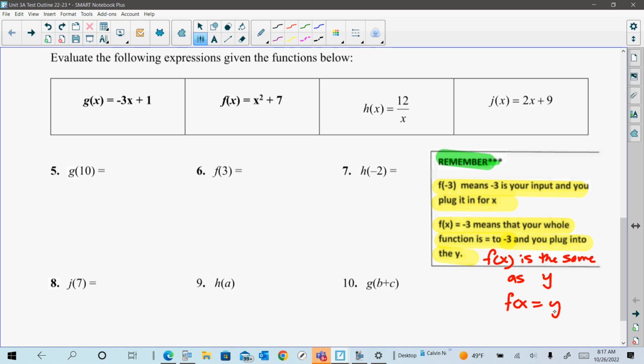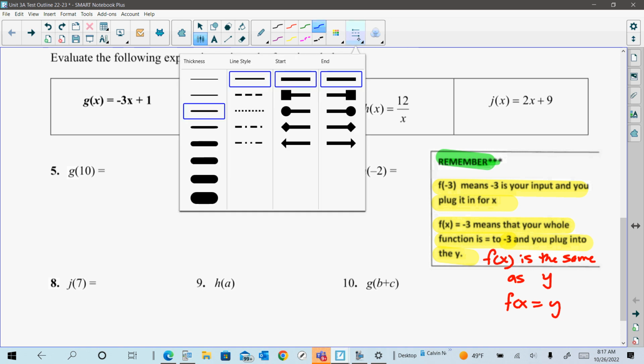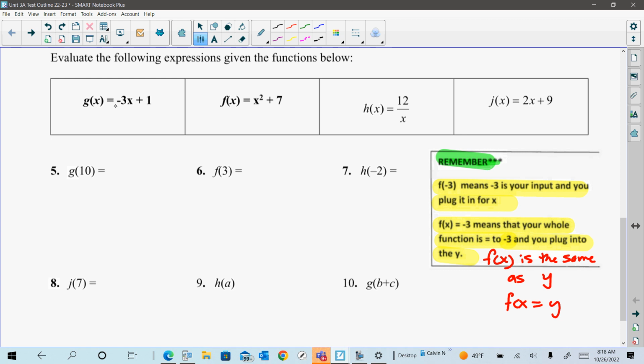All right, so literally all we're doing for each function, this is g of x, f of x, h of x, and I'm just trying to give you a little example, is wherever the x is, we're going to use parentheses and plug in a value for that. Here this would be parentheses squared plus 7. Here this would be 12 over 2 parentheses plus 9, because we have to plug in the value for x that they give us.